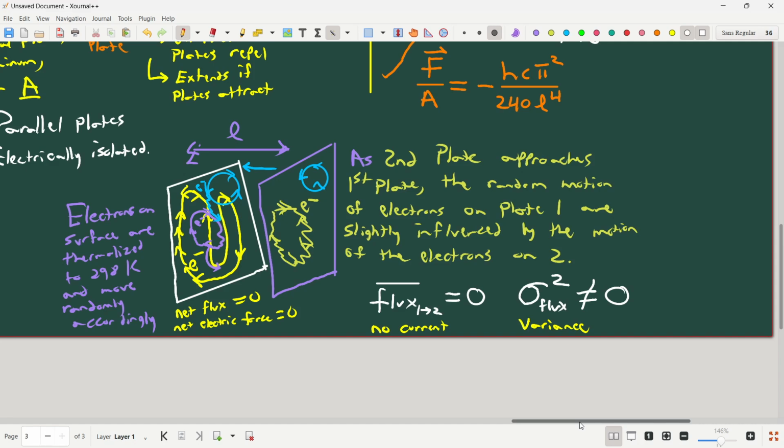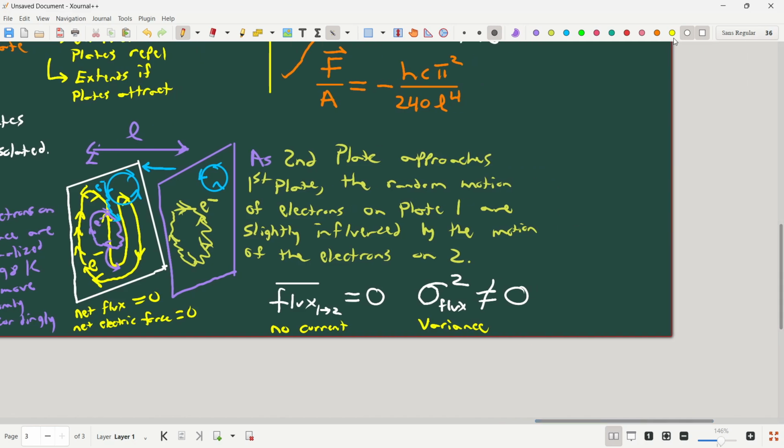So what does that mean? Well, if we were to plot the voltage as a function of time, so if we take time and then plot the voltage between the plates, we would see it oscillate very, very quickly.